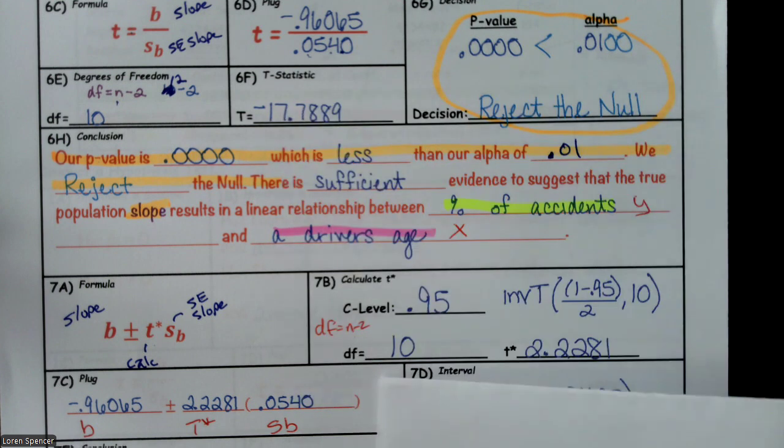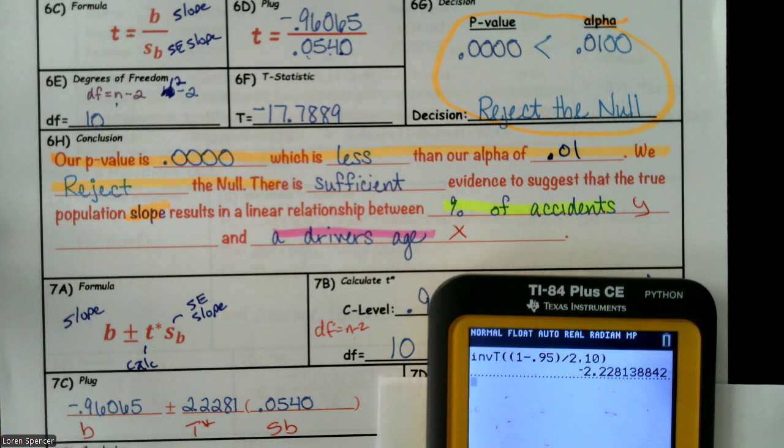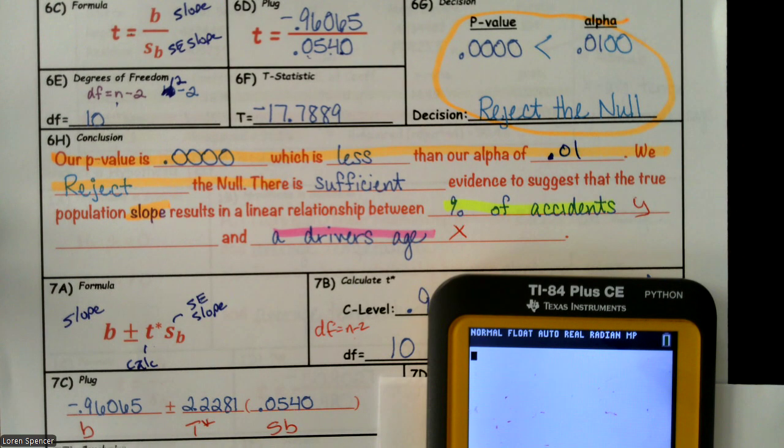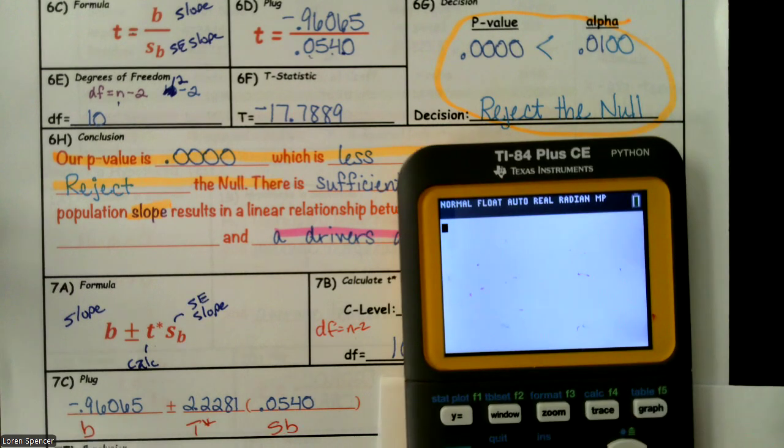Now, the bad news is in the past, we've been able to punch buttons and find a place that says interval and calculate it. We can't do that here. We're going to have to plug this in. So here's what I do. I always start off with a negative first.